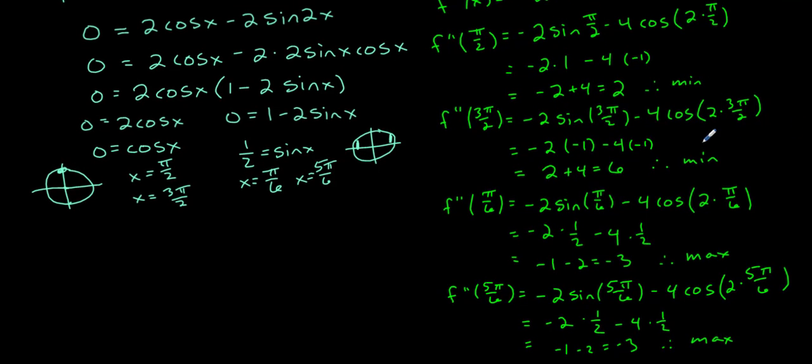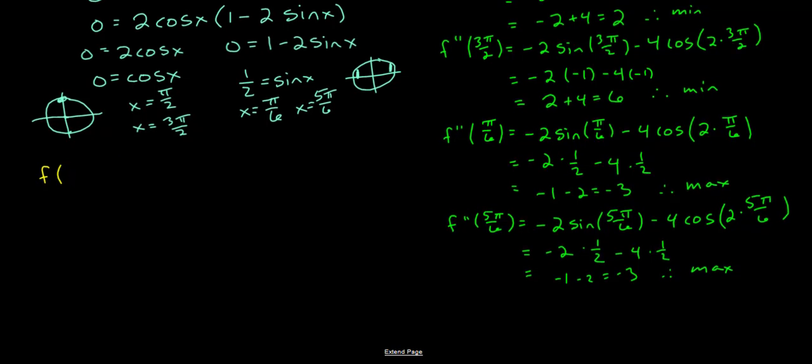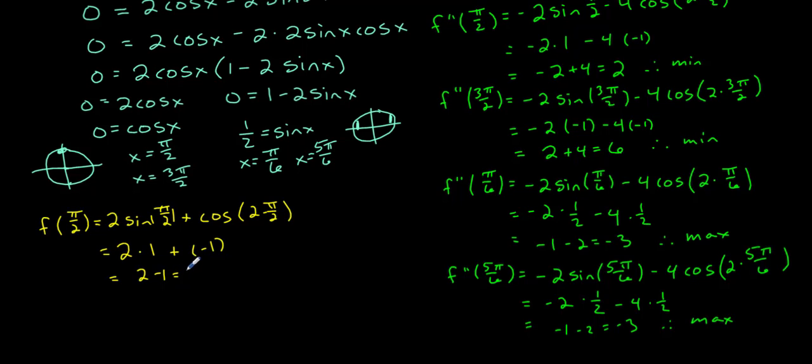All right, we know we have relative min, relative min, relative max, relative max. Let's actually find the heights. Let's keep in order. Pi over 2: sine pi over 2 is 1, cosine pi, negative 1, 2 minus 1, and so we have the point pi over 2, 1, which would be our min.